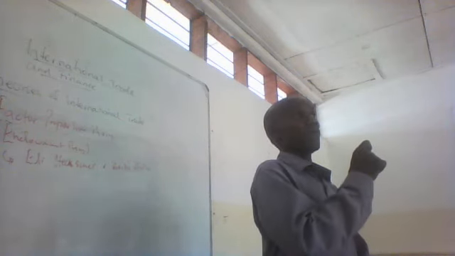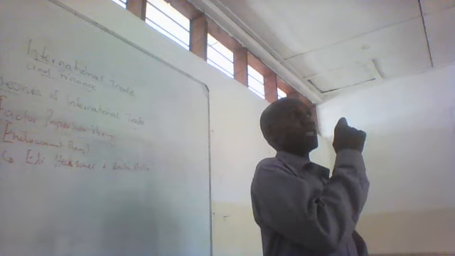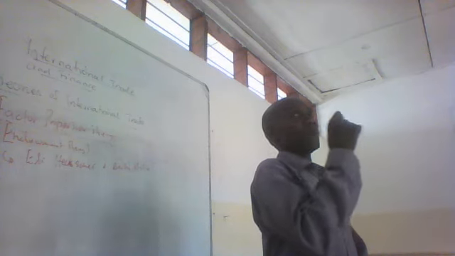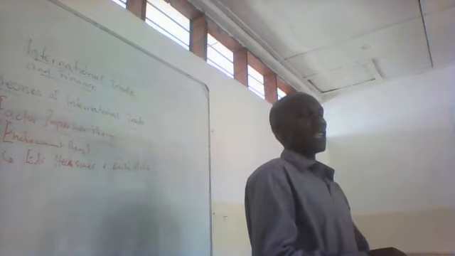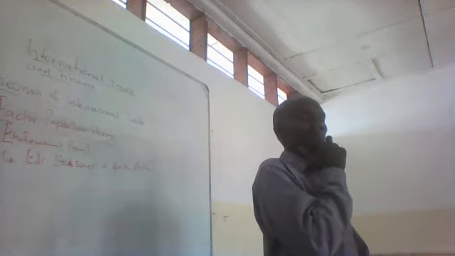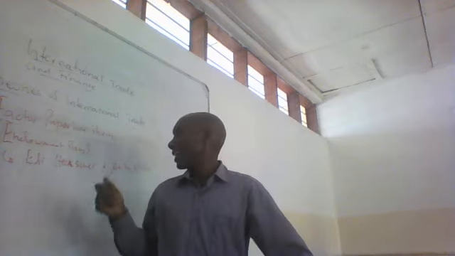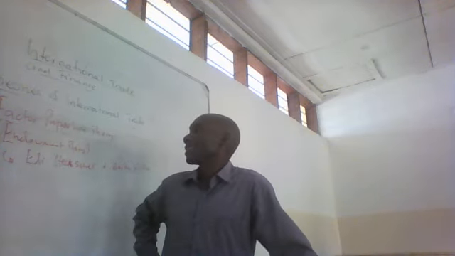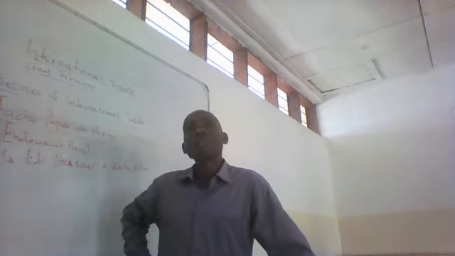You see, we are coming from 1500, 17 something, 18 something, and we are coming up to 1900. It means the other theories were developed in the 1980s, just very recently. Now, Eli Heckscher and Bertil Ohlin came up with a theory called the endowment theory.